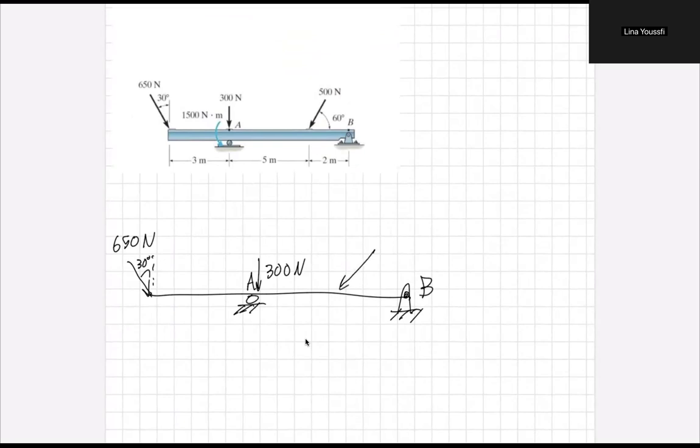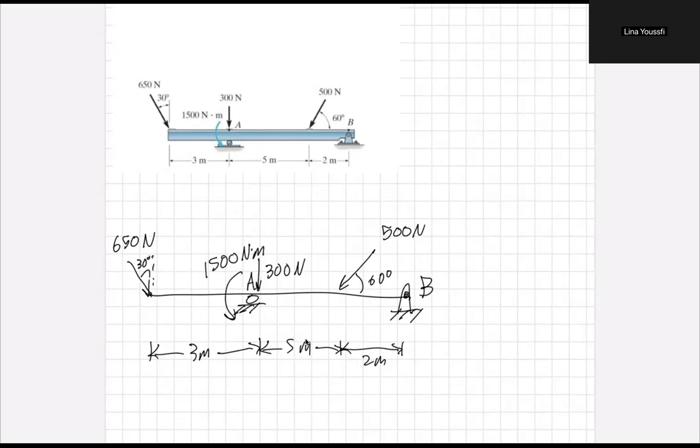And at this point here, there's a 500 Newton force applied at an angle of 60 degrees from the horizontal. We'll also write out our distances. Ignore the scaling, that's way off. There's also a couple moment here, 1500 Newton meters.